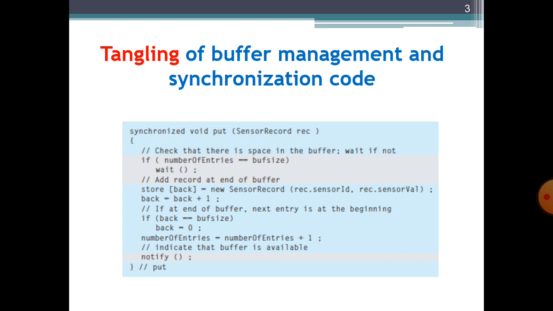Synchronization code is associated with the secondary concern, so ensuring mutual exclusion has to be included in all methods which access the shared buffer. The code associated with the synchronization concern is shown in this shaded area. So students, that is our example of tangling of buffer management and synchronization code.